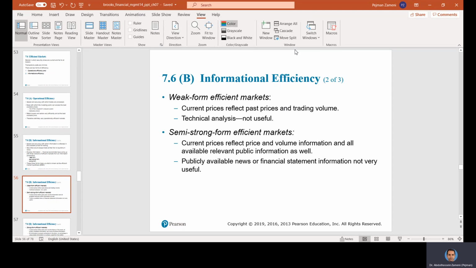If by analyzing the publicly available information we can make a constant abnormal return, then it shows that market is semi-strong form inefficient. Current prices reflect price and volume information and all available relevant public information as well. Publicly available news or financial statement information is not very useful.